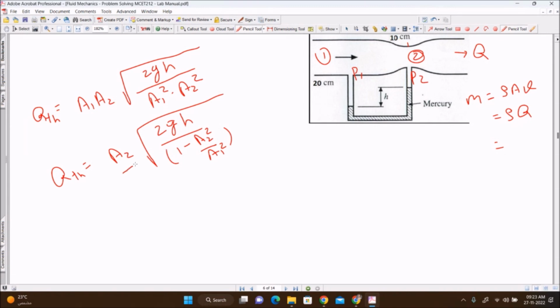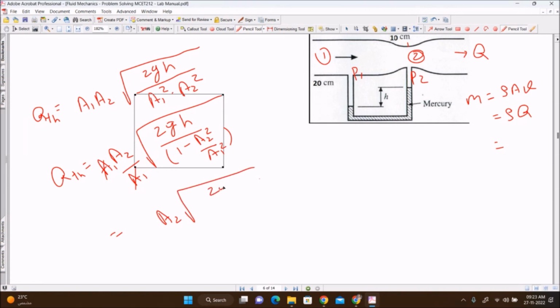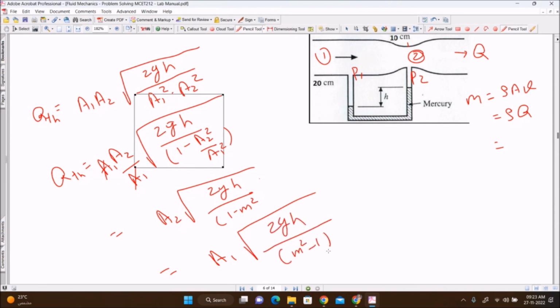The A1 gets cancelled, and this ratio is replaced by M. So the formula is written like this: A2 under root 2gH divided by 1 minus M square. I can write this also as A1 under root 2gH divided by M square minus 1.